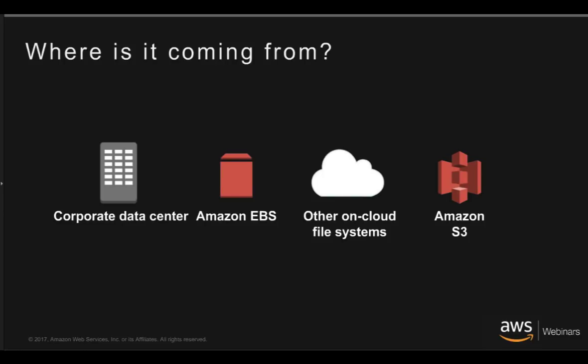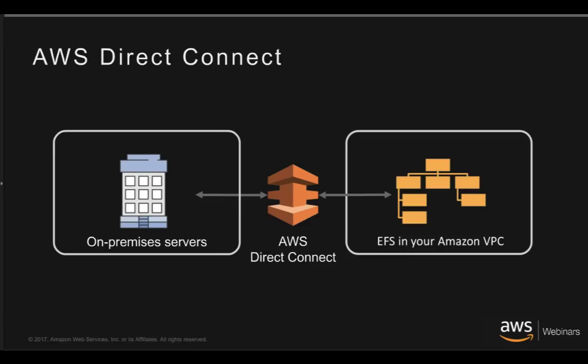First, on-prem. Typically, this is from a corporate data center. Second, typically this is coming from Amazon EBS, from an existing file system. And third, another cloud service or maybe a software appliance. Or fourth, from Amazon S3.